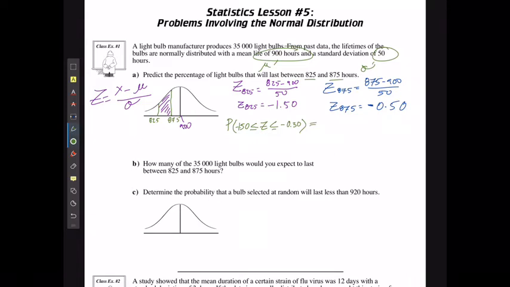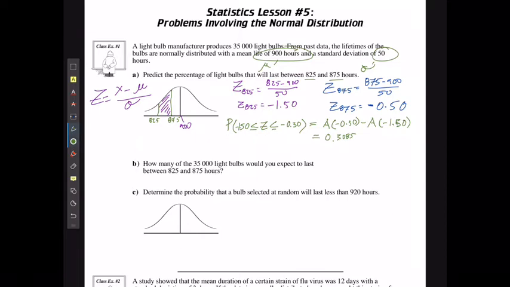I'm going to solve this by using my area for the right one minus my area for the left one. Then I need to go to my z-score chart, and I'm going to say, okay, what is the area at negative 0.50? I'm going to get 0.3085.